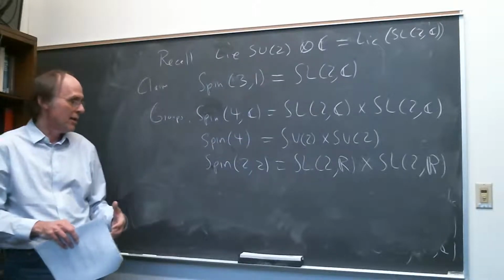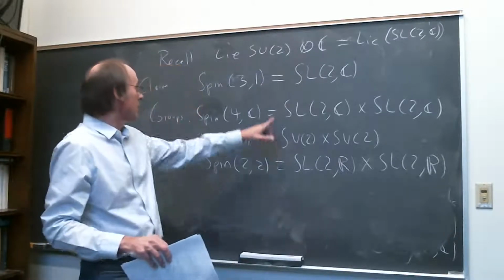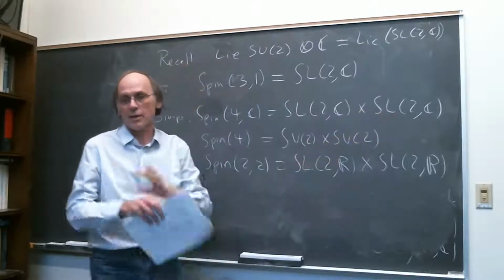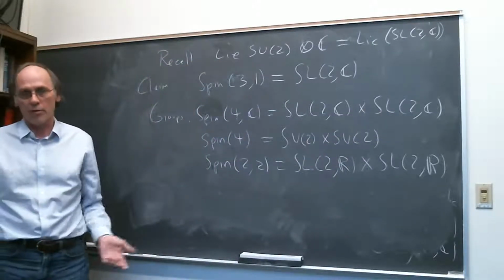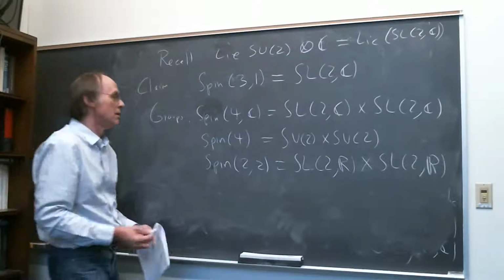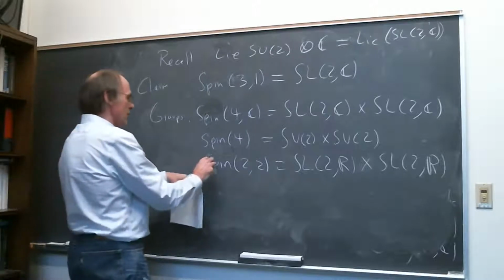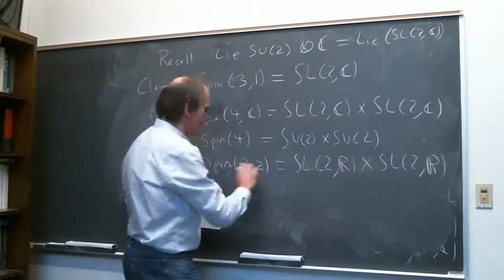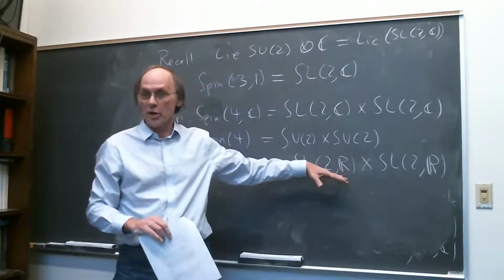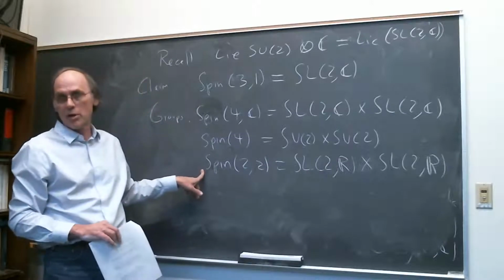You get the Lie algebra SL2C plus SL2C, the group SL2C cross SL2C, and the Clifford algebra of all 4x4 complex matrices. Okay. Physically this case is kind of nice because you can understand everything with nice real numbers, so it's easy to deal with. But this one doesn't physically seem to have much significance.